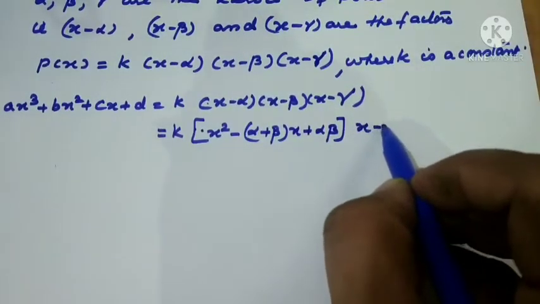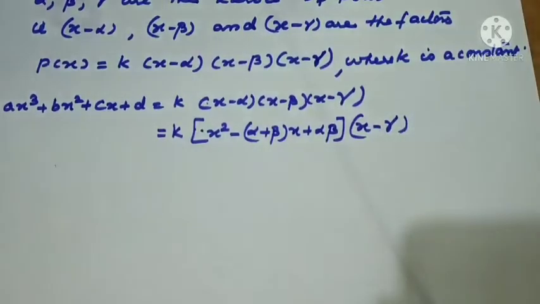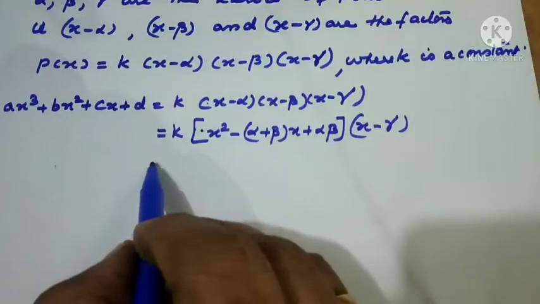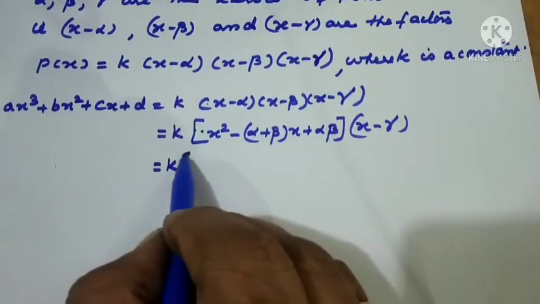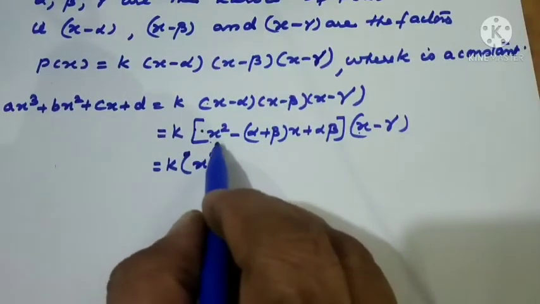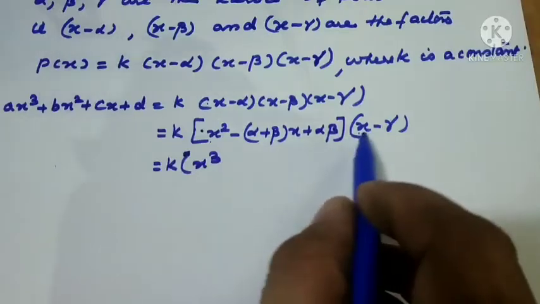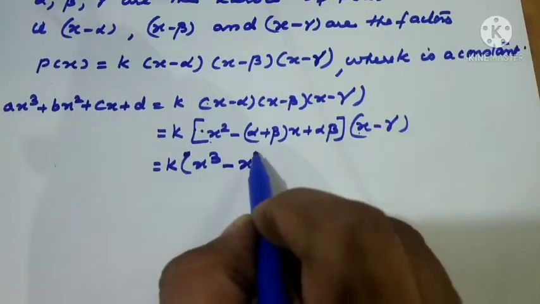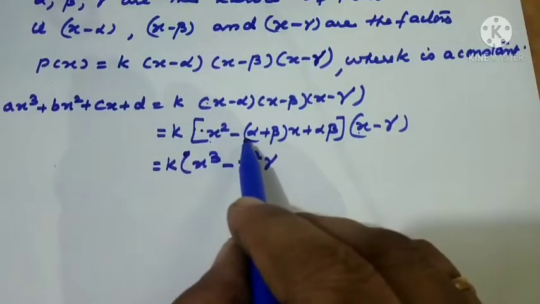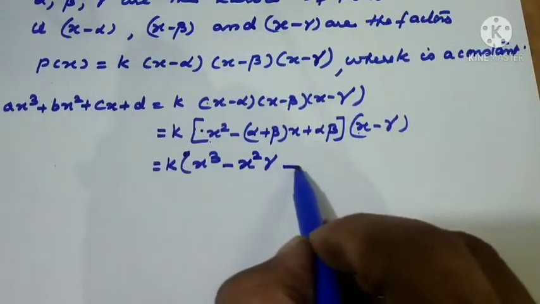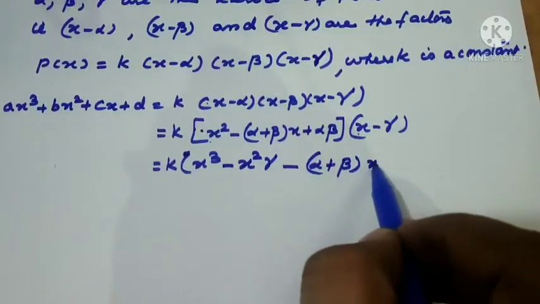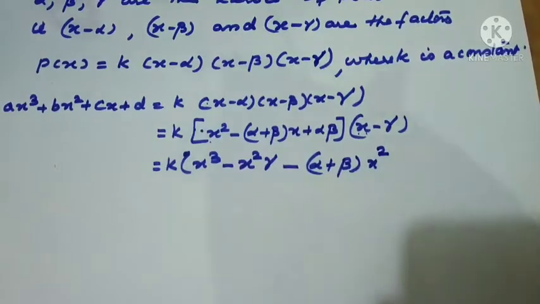Now one more bracket is remaining, that is x minus gamma. This bracket should be multiplied with each term of x minus gamma. So I'll keep k here, x square into x gives x cube, x square into gamma, and minus sign is there, so minus x square gamma, right? Now the next one: minus alpha plus beta into x, multiplied with x, becomes x square.